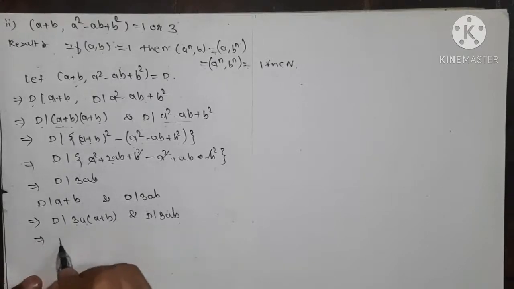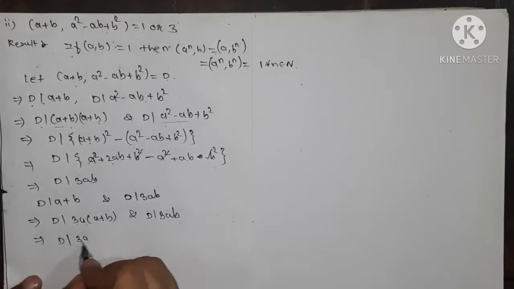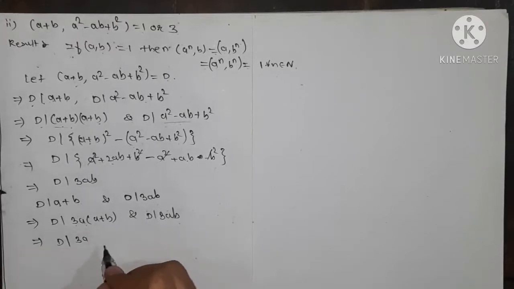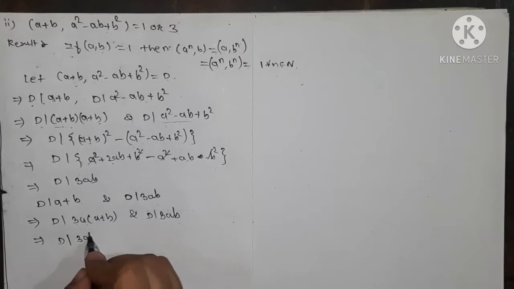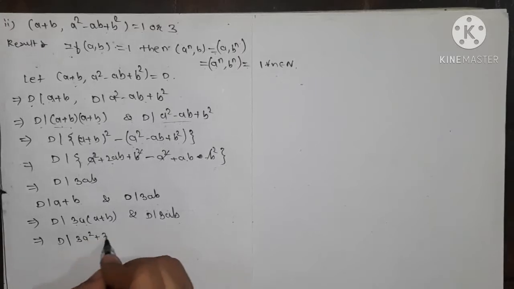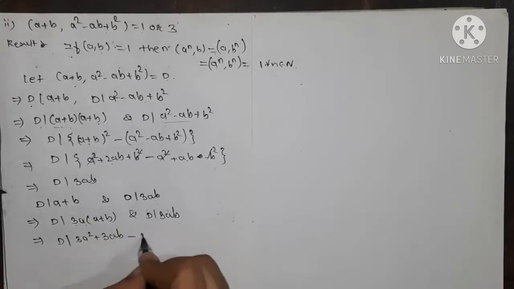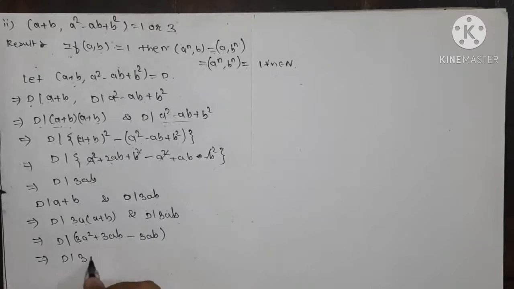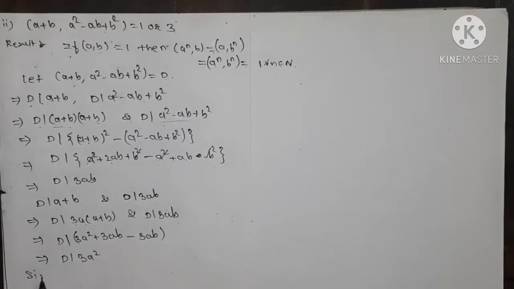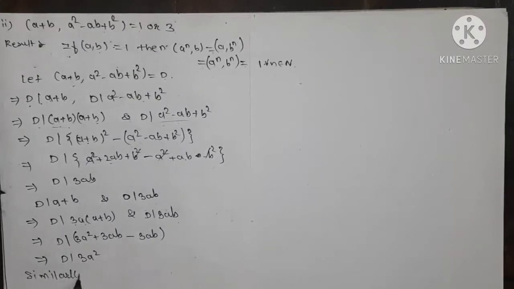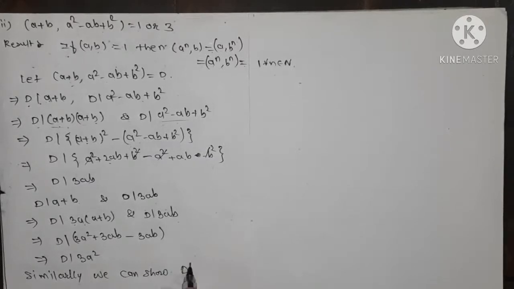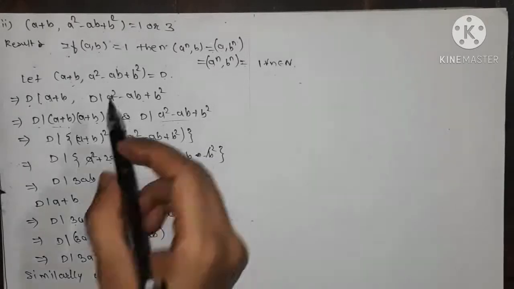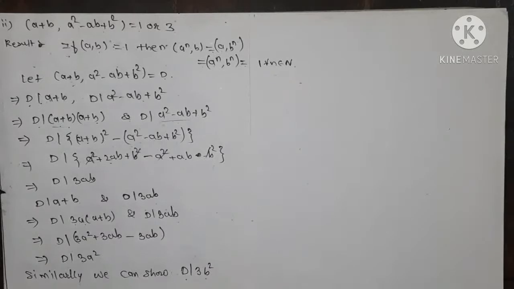So this implies D divides, that is the combination of this, 3a square plus 3ab minus this term 3ab. Okay, so this implies D divides 3a square. Similarly, we can show D divides 3b square. By applying the same process, we show that D divides 3b square.